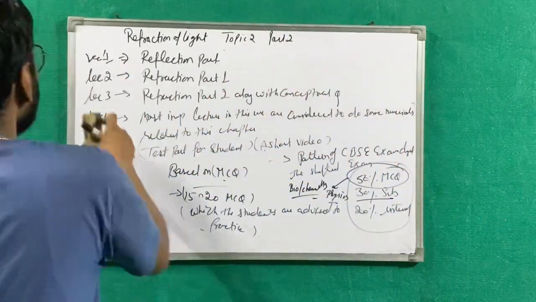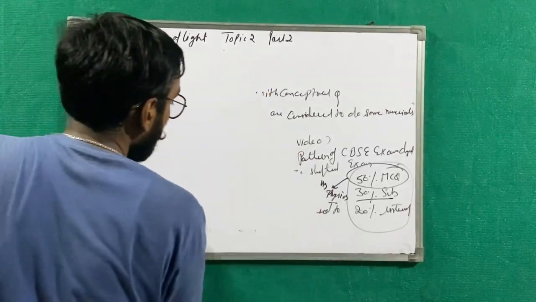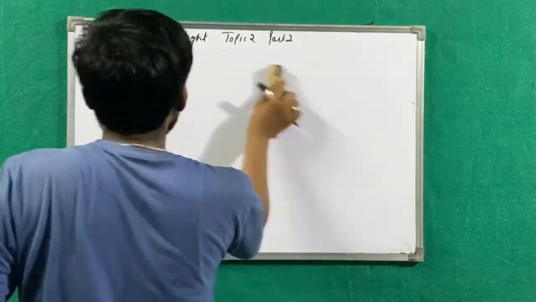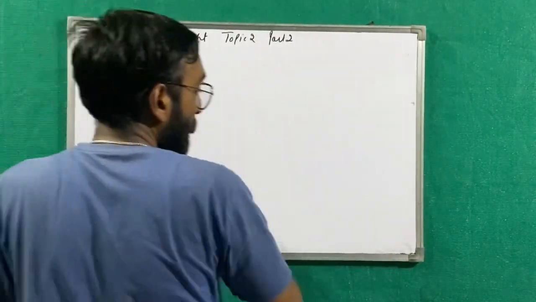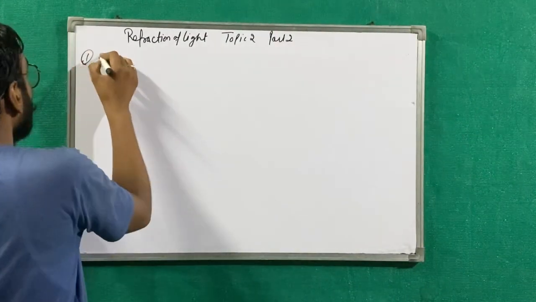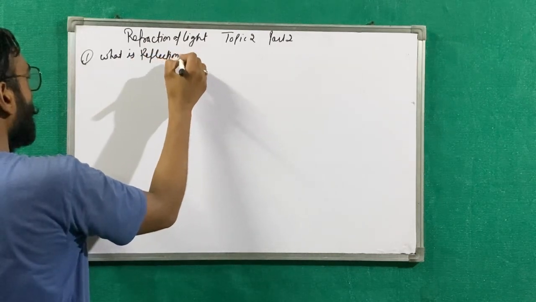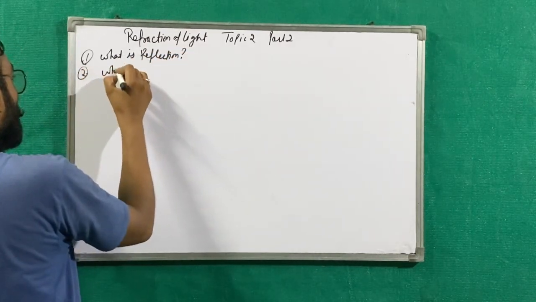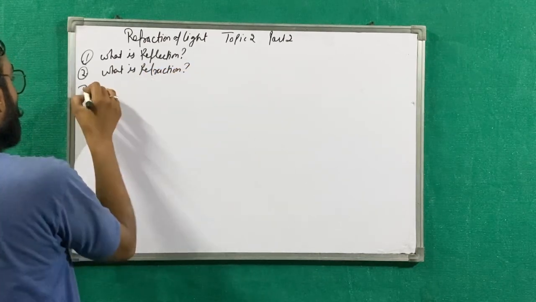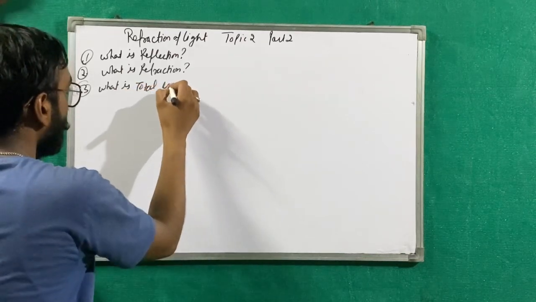So in this we have covered each and every topic, and some of the important questions are like, as we have discussed earlier: question number 1, what is reflection? Second, what is refraction? Third, what is total internal reflection?